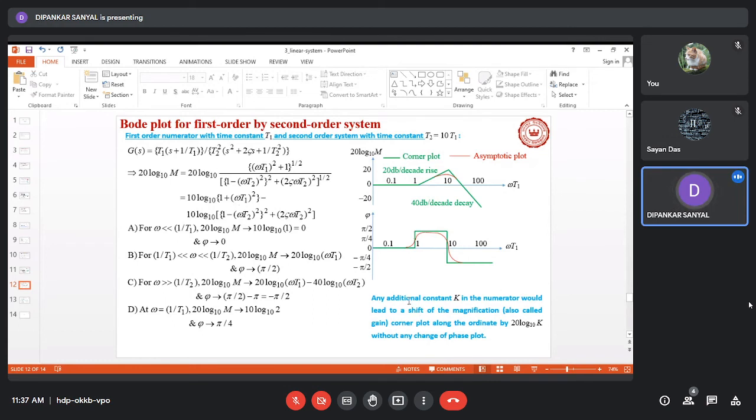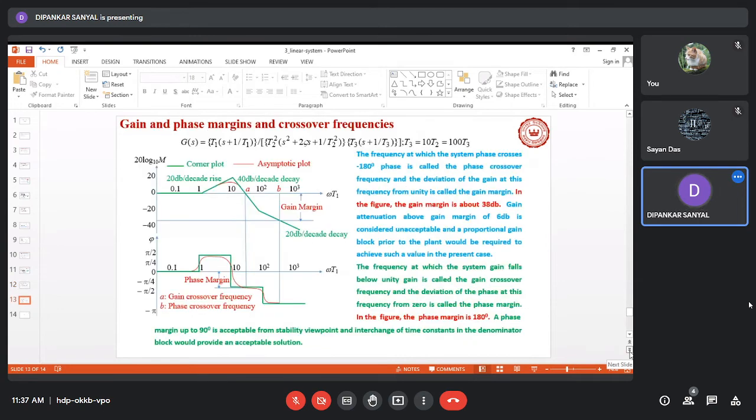So those notes are given here, and with these notes we go to the final phase of the presentation, that is gain margin and phase margin.